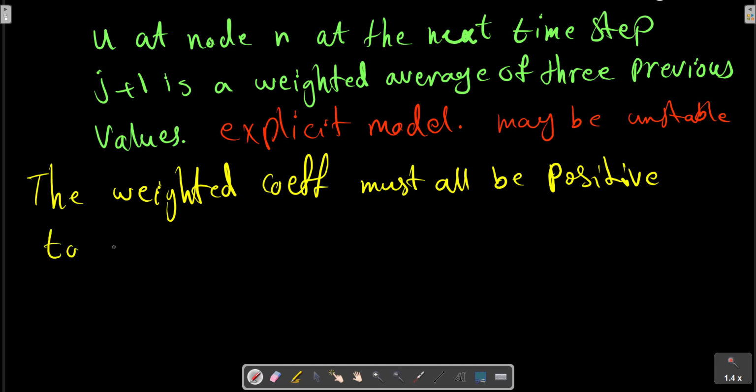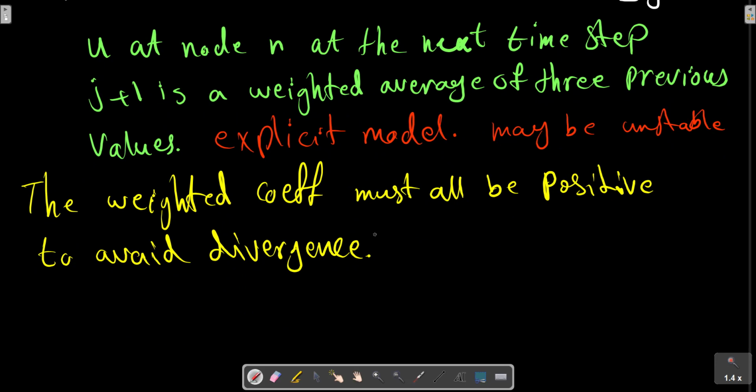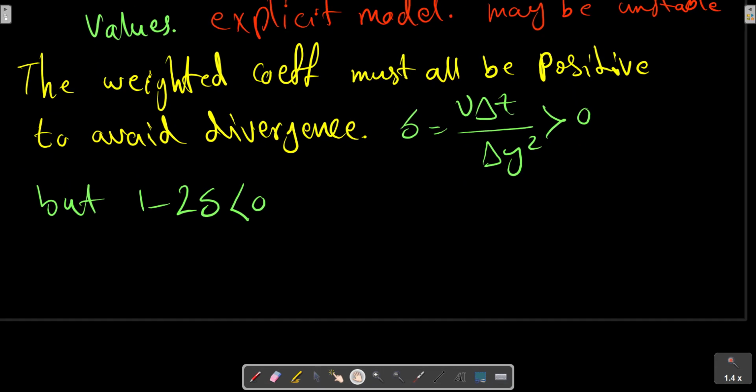To avoid divergence, sigma is positive, but so must be the weighted coefficient involving the kinematic viscosity, which may not be less than 0, so we can obtain another relation for sigma.